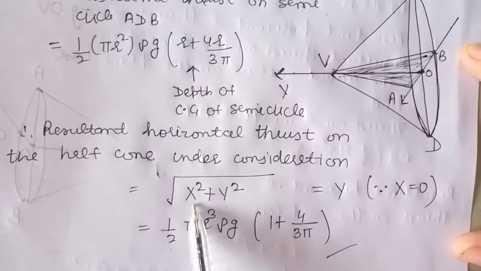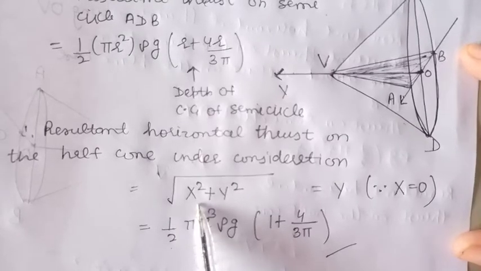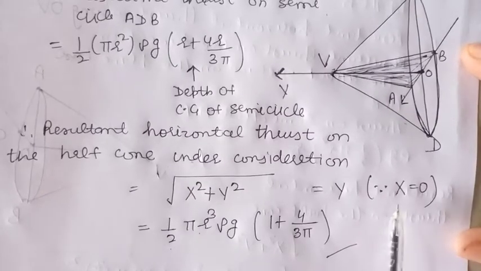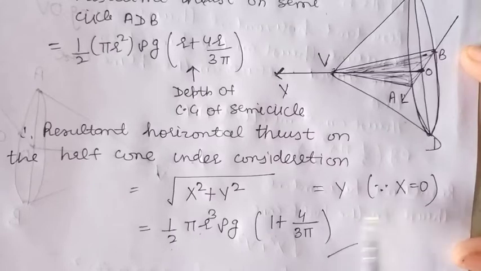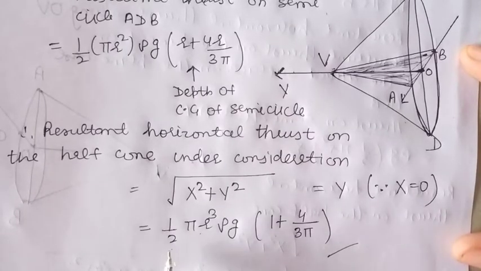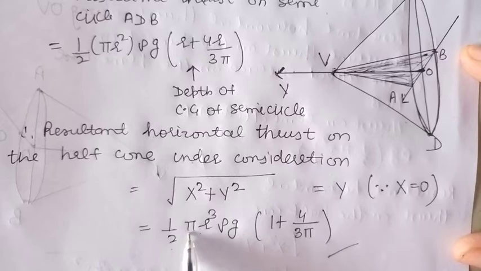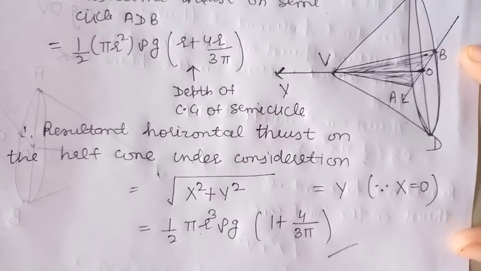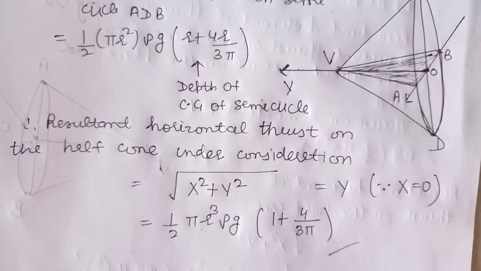Now x is 0, so the resultant horizontal thrust on the half cone becomes y, and the value of y is 1 by 2 pi r cube rho g into 1 plus 4 upon 3 pi. So this gives us the resultant horizontal thrust on the lower half of the cone cut off by a horizontal plane through the axis. So this completes the solution of this problem.